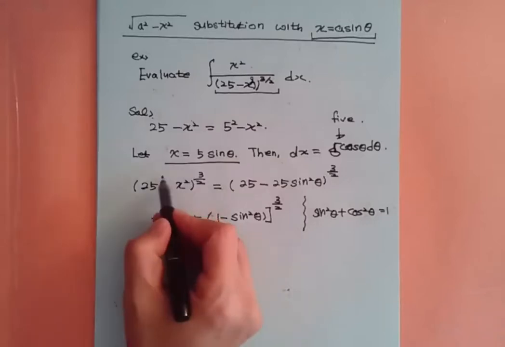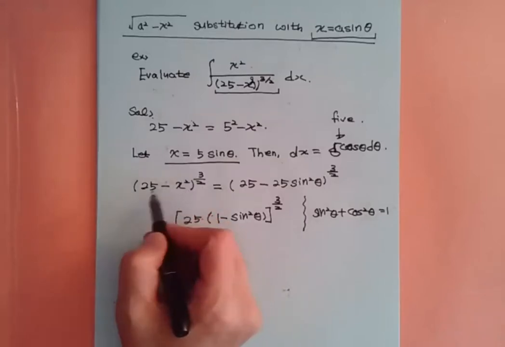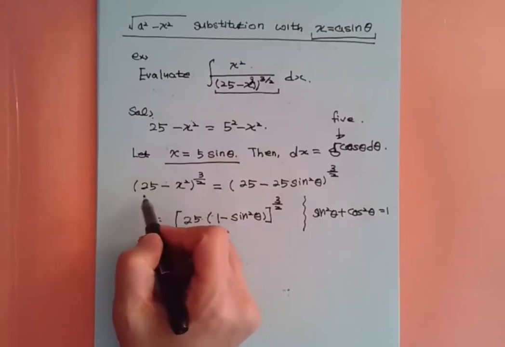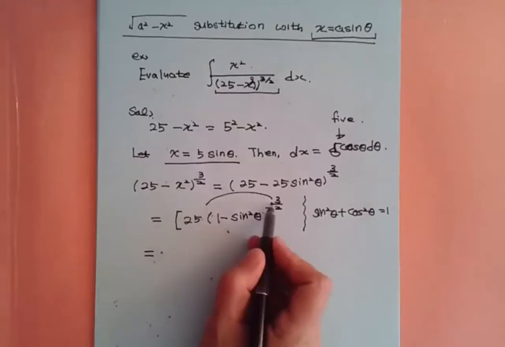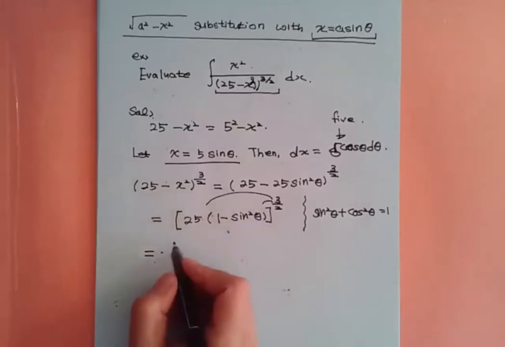You cannot distribute the power to the first and second term when terms are added, but when terms are multiplied, you distribute the power to the first and second factor.